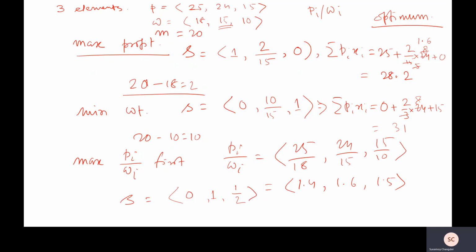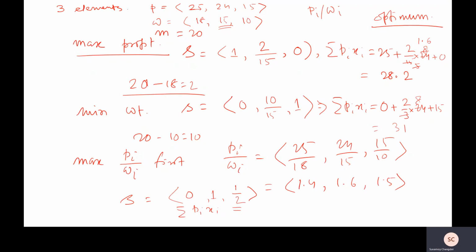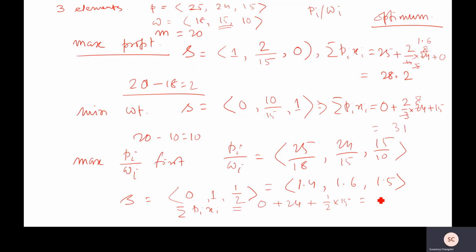Now check what the sum of Pi xi will be: 0 plus 24 plus half into 15, that is 7.5, so this equals 31.5. See, we have got more profit than the other two.